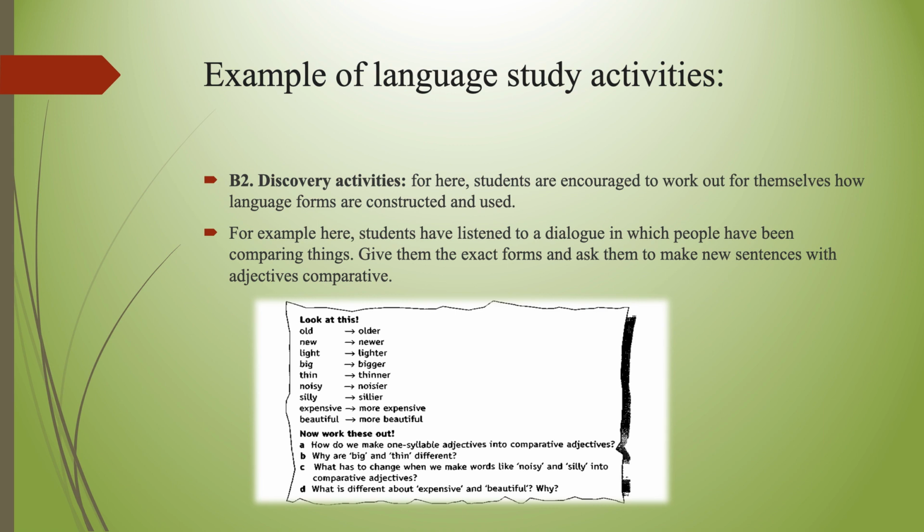Give them the exact forms and ask them to make new sentences with comparative adjectives. It means the teacher asks the students to listen to a dialogue in which people are discussing different things and comparing things. And then the teacher gives the exact form, like old changes to older when we compare to another one, like new to newer, light to lighter, and then asks them to create new sentences by using this form.